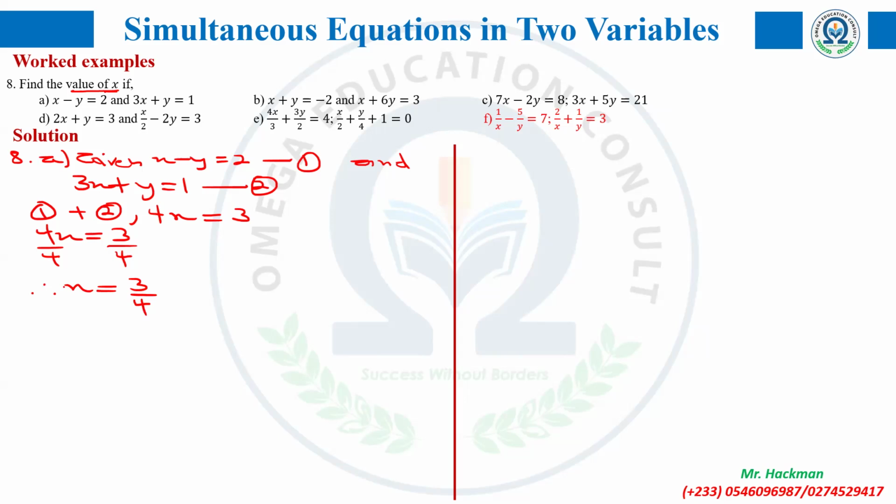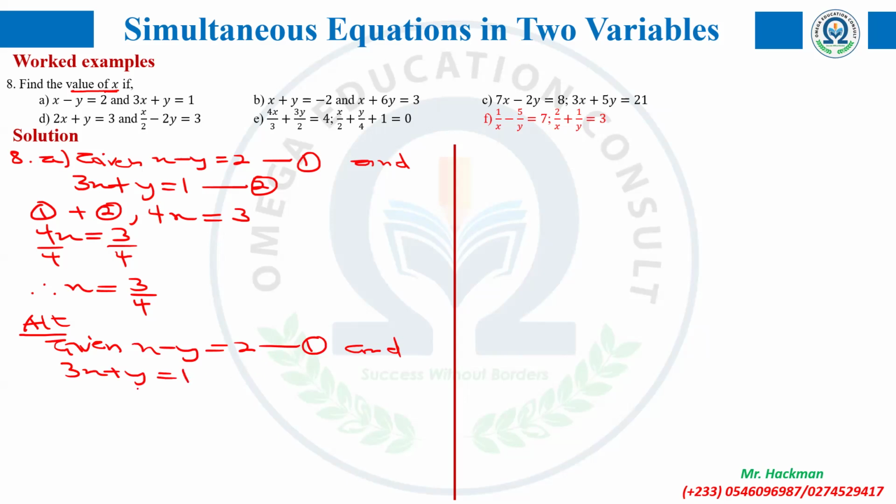All right. So in the same way, let me go for the alternative approach, which is the substitution approach. That one too, you are given x minus y is equal to 2, equation 1, and 3x plus y is equal to 1.